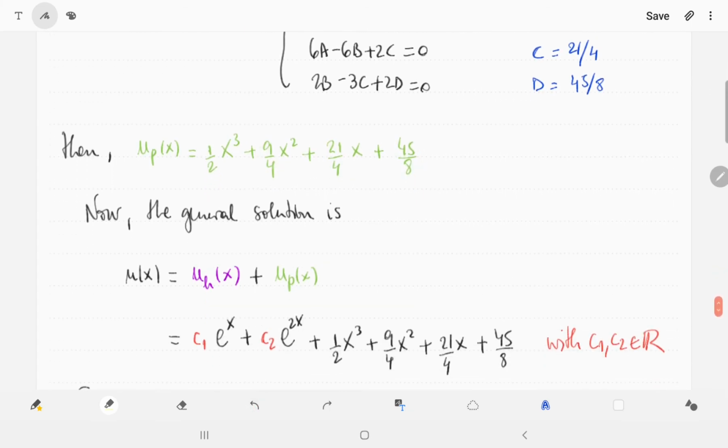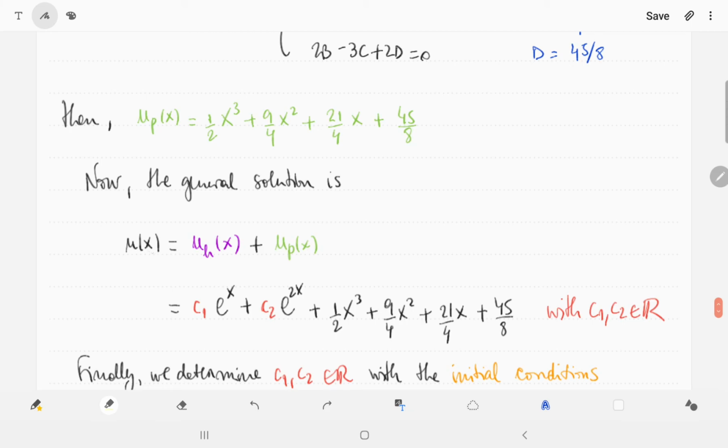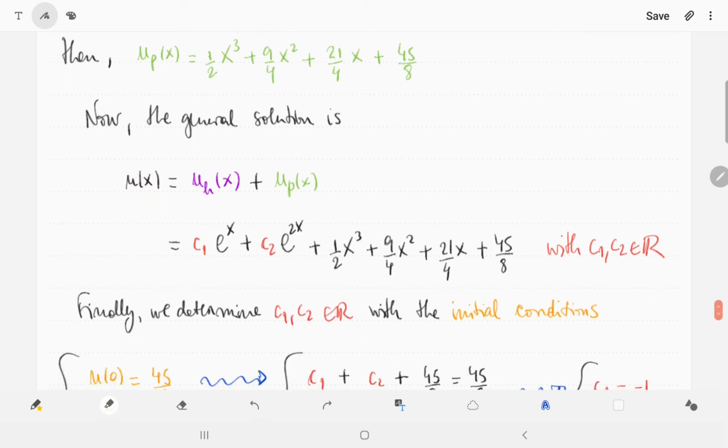Going back to the general solution, we know that it is the homogeneous one plus a particular one. We just copy and paste what we got before. And there are these two constants that we have no idea what they are. So far they are any constant.